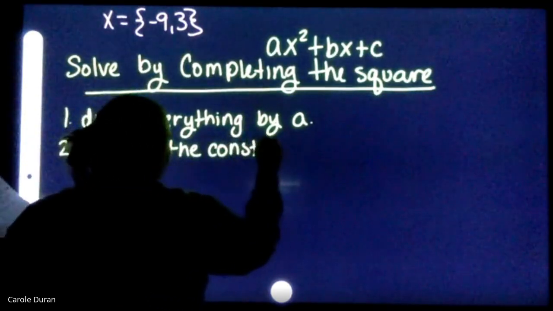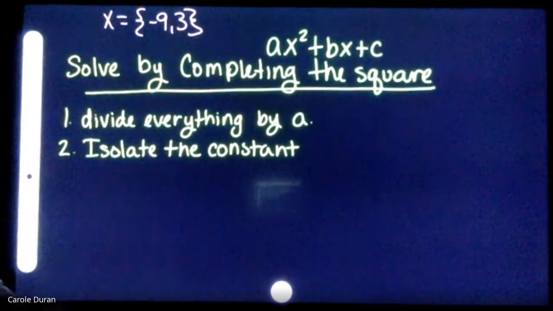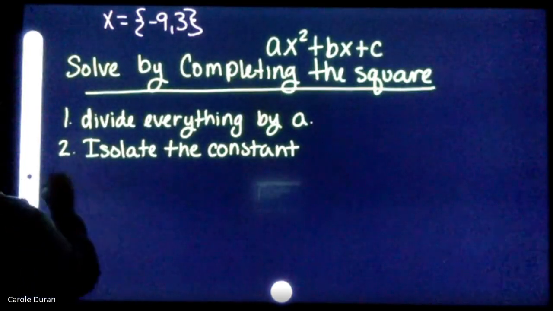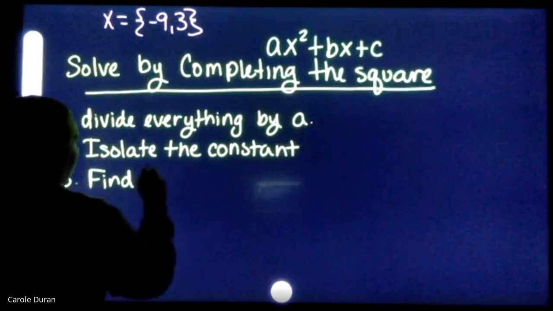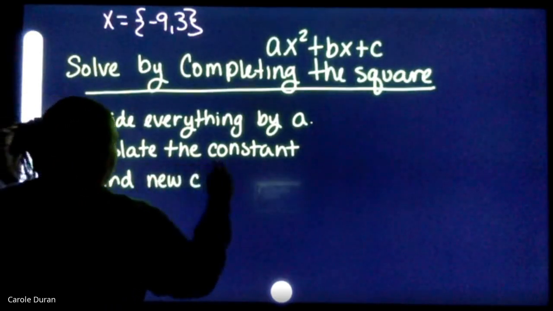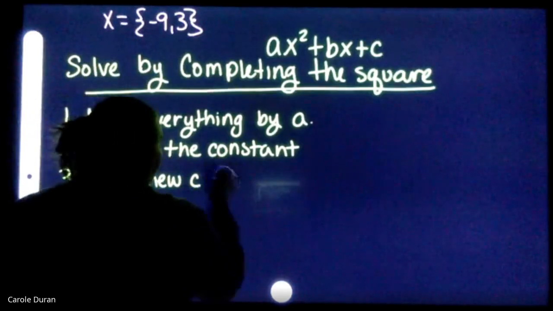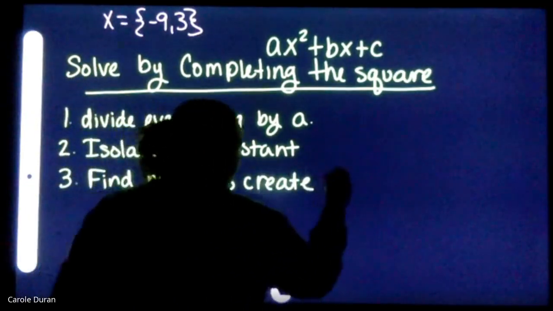So that number that doesn't have a variable attached, we're going to move over to the other side of the equal sign. Then we will find our new c, just like we did in the examples up there, to create a perfect square trinomial.